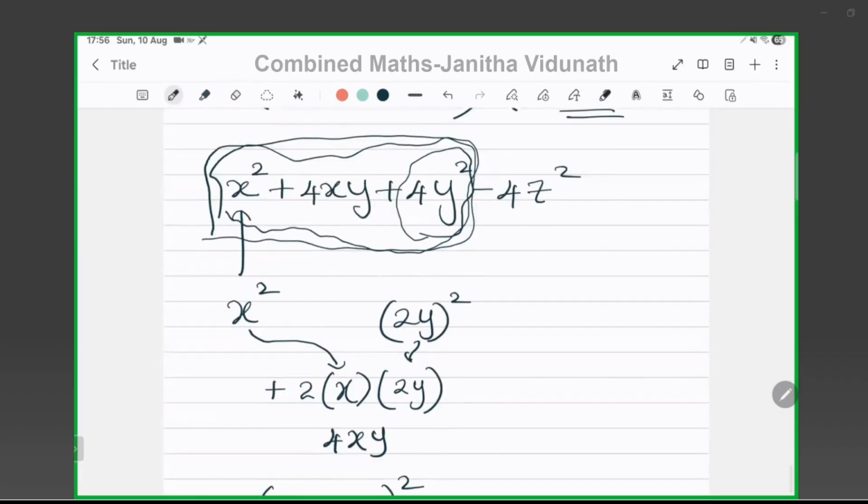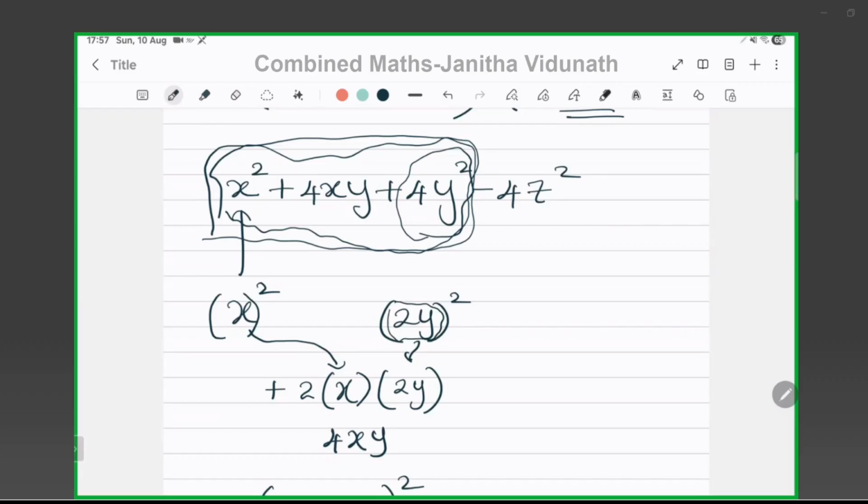Let me repeat again. Here we observe that there are three terms, and there are two square terms. One is x square and one is 4 times y square. The first square term is built from x, and the second square term is built from 2y.